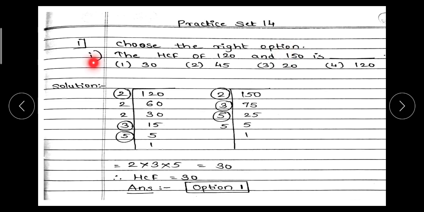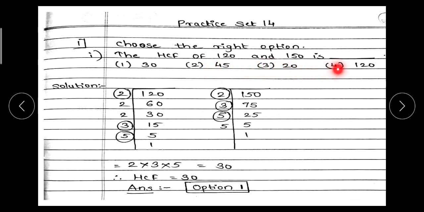So the first question is, the HCF of 120 and 150 is dash. I repeat, the HCF of 120 and 150 is dash. Here are some options given.